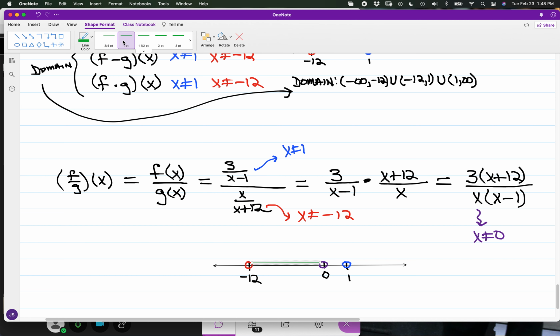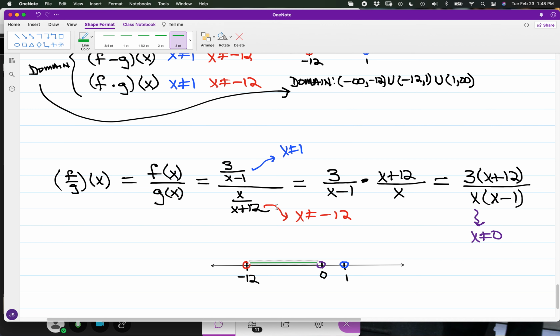Okay, so you have 3 exclusions, and so for the interval notation in defining the domain, this would be a little bit of a longer statement.